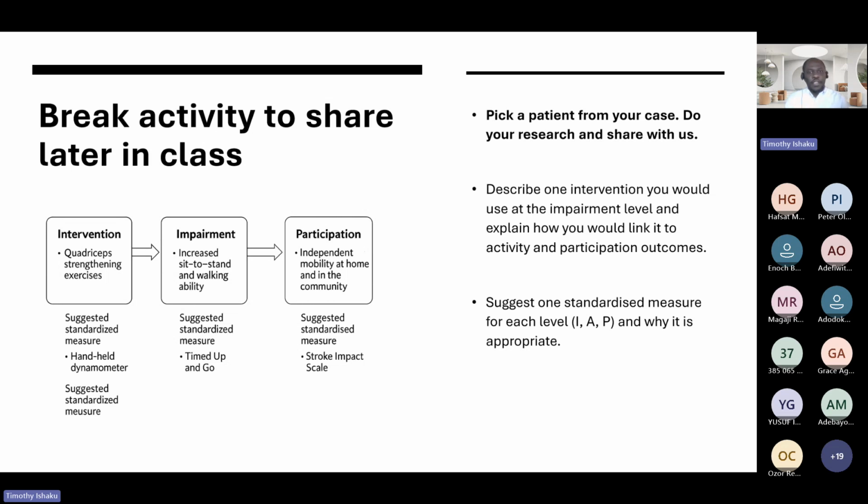Is there any question? Is it clear what is expected? Let me share my screen so that people understand what I'm saying.